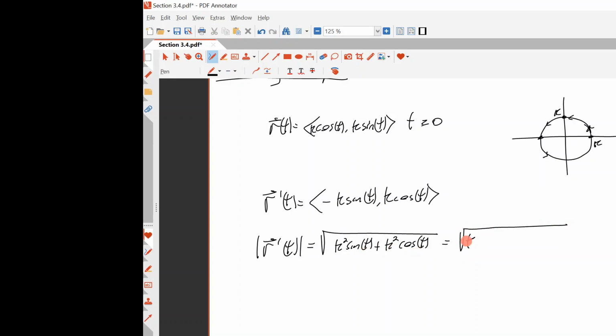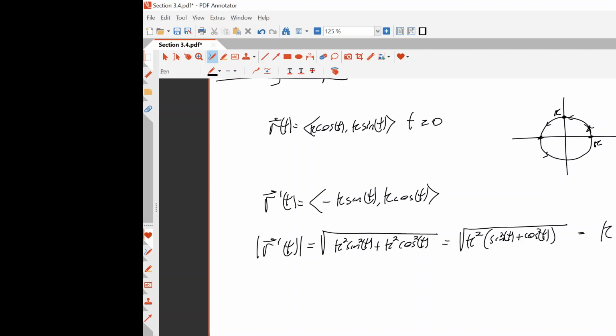Factoring out the k squared, sine squared t plus cosine squared t, these are squares. This is just equal to 1. So the whole thing is just equal to k. Units of distance per unit of time.